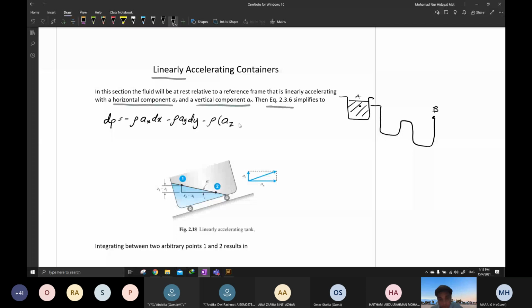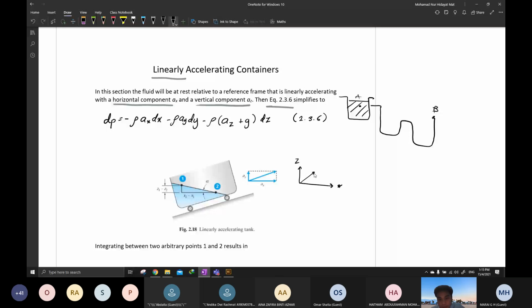This is equation 2.36 from the Potter book. If you look at the Potter book, you will find this equation. Since we are not involved in the y component, we are only involved in the x and z.